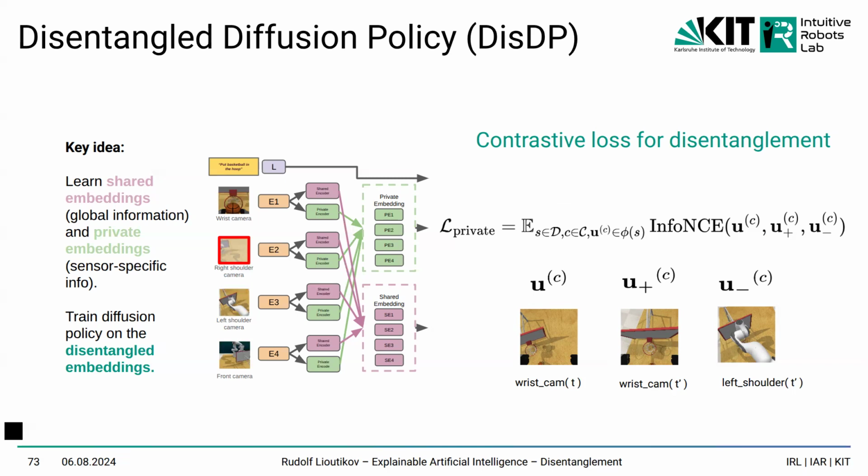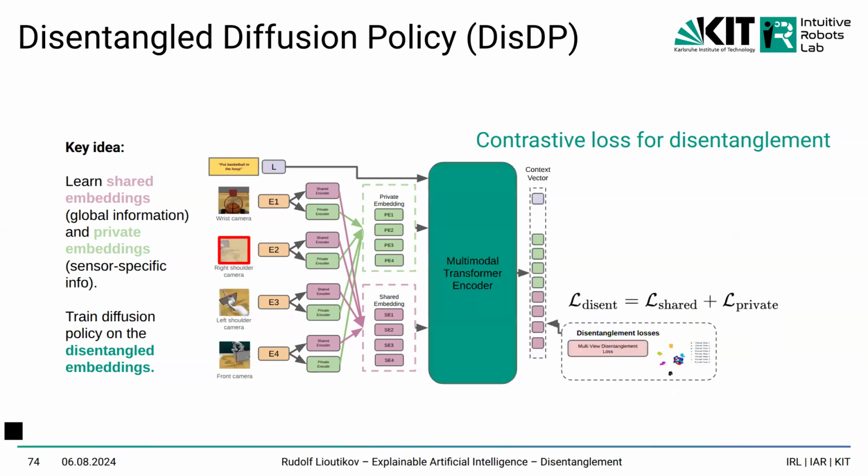So at a time step t dash, we have a positive example, something that shares a lot of mutual information with our anchor point. And any other different perspective, no matter the time step, should not have that same mutual information for the private encoding. Does this make sense?